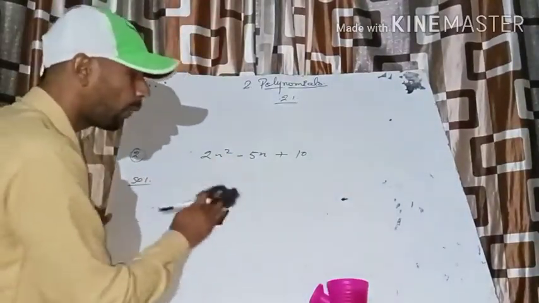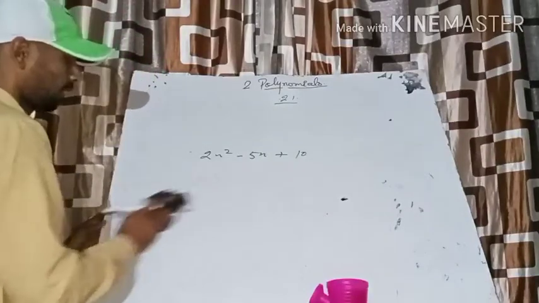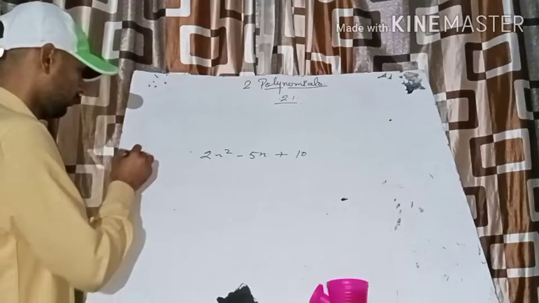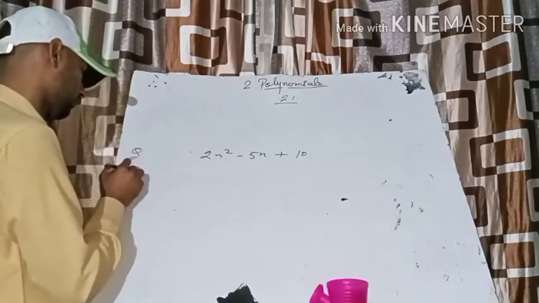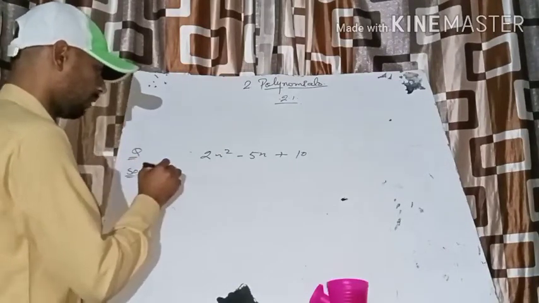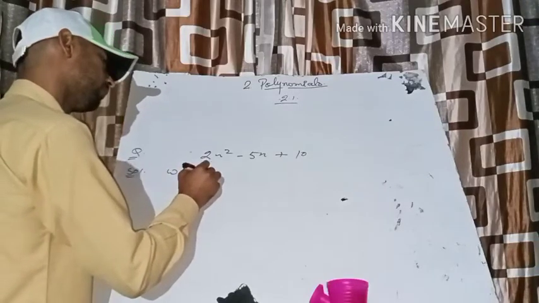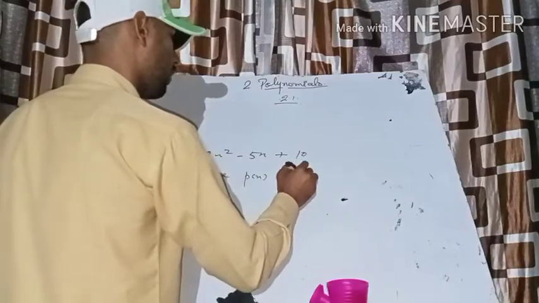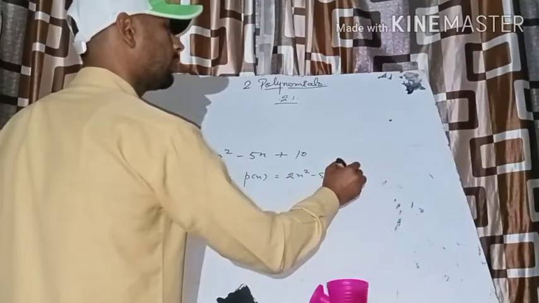Now in the next, write down the degree of polynomial. It's your question. Solution. We have p of x equal to what? 2x square minus 5x plus 10.